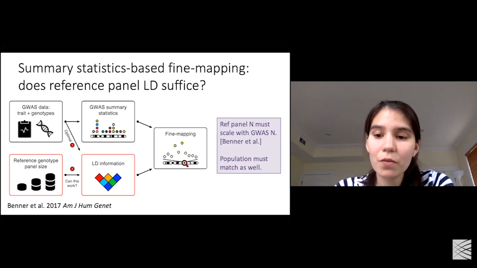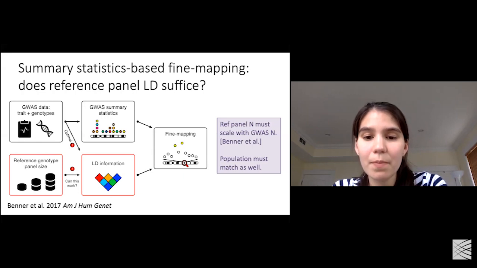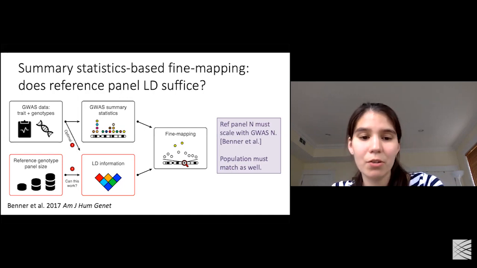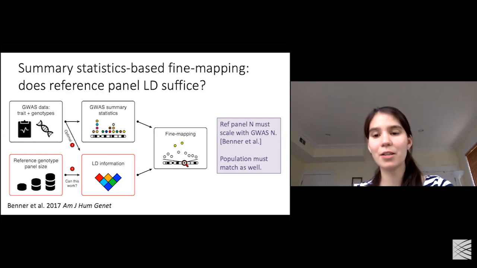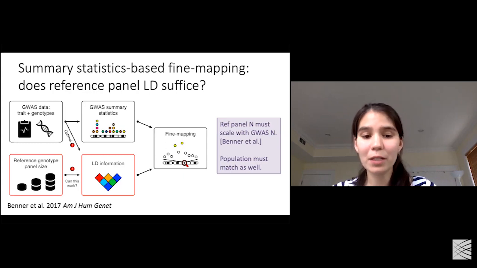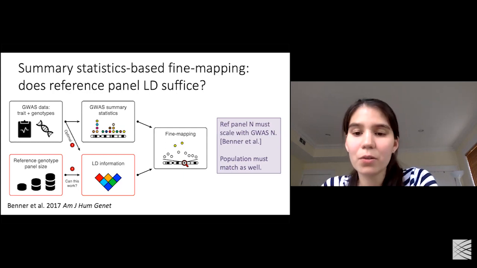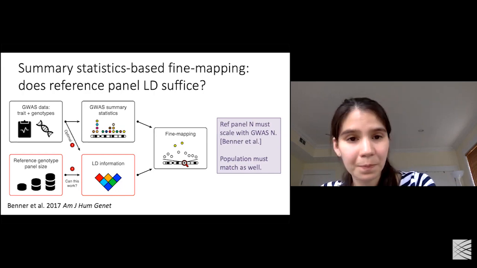And then on the question of the population matching, to my understanding, I haven't seen much work exploring exactly how well. Do you have to have chosen a perfectly random subset of the individuals you did your GWAS in, or is it okay to get the right continent, or is it something in between? I think the fact that a small perfectly matched subset doesn't suffice means that as your GWAS gets bigger and bigger, you have to really be getting the LD very close to perfect.